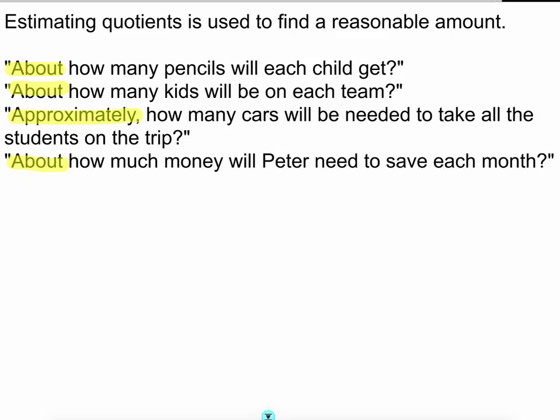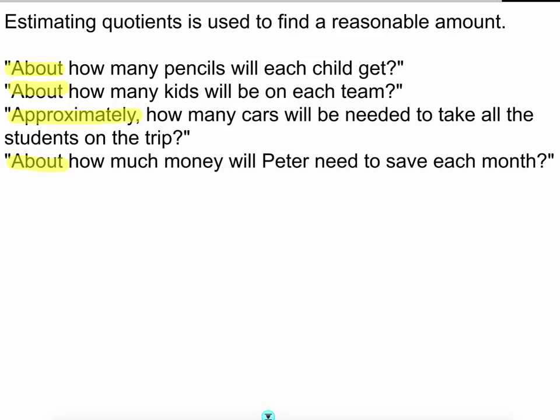So for example, since we're in the unit of division, these are some types of questions that would require you to estimate the quotient. And I highlighted the estimating words that should inform you that they don't want exact answers, they want estimated answers.